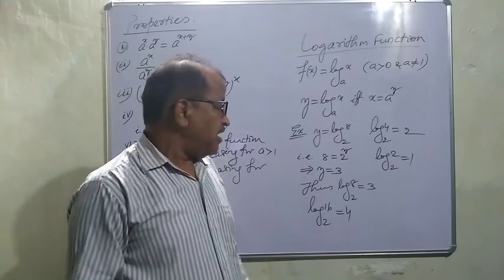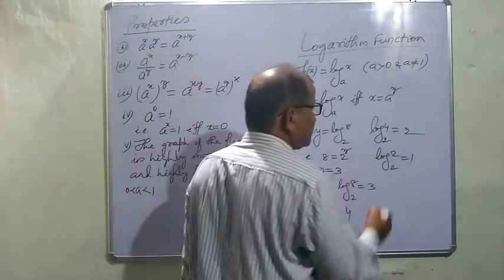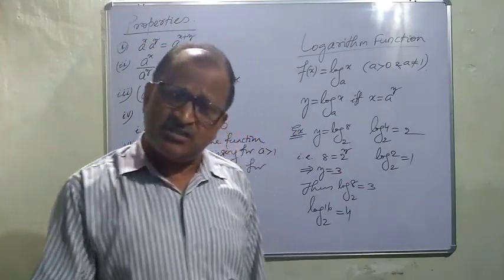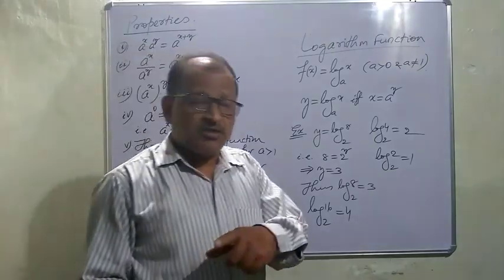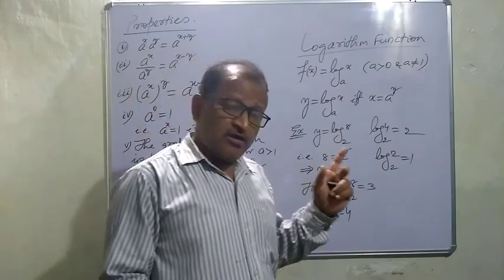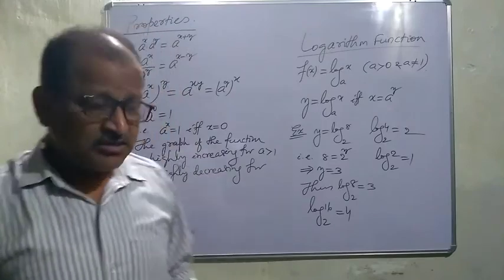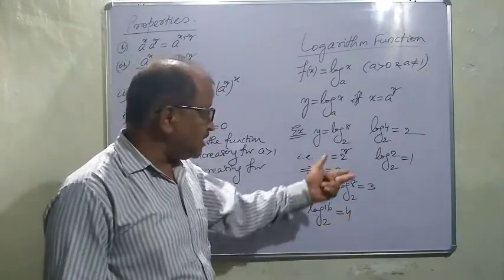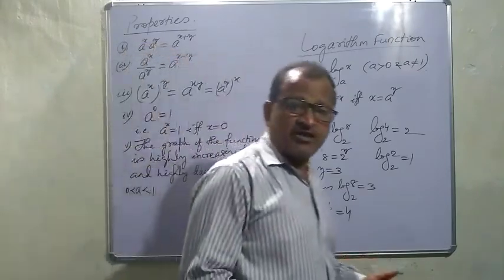Okay? And logarithm of 3, logarithm of 5, 6, 7, these are also defined, but you perhaps read it in your school career, where with the help of mantissa and characteristics you can find the logarithm of these values, log 3, log 5, etc. from the logarithm table.